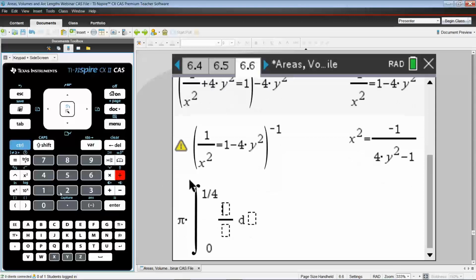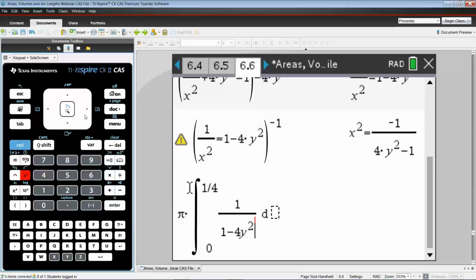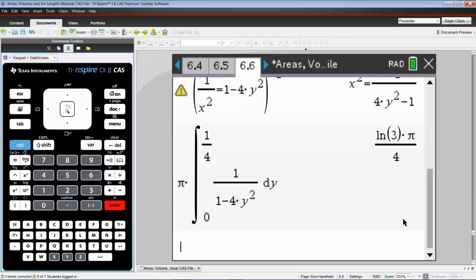So I'll just write it as 1 over 1 minus 4y squared and integrate that with respect to y. Enter, and there we go. So we basically get pi on 4 times log e of 3, which is a really nice looking answer, and that is the exact form. So the answer to what is the volume of the solid of revolution for the specific scenario is basically pi on 4 times log e of 3 cubic units.